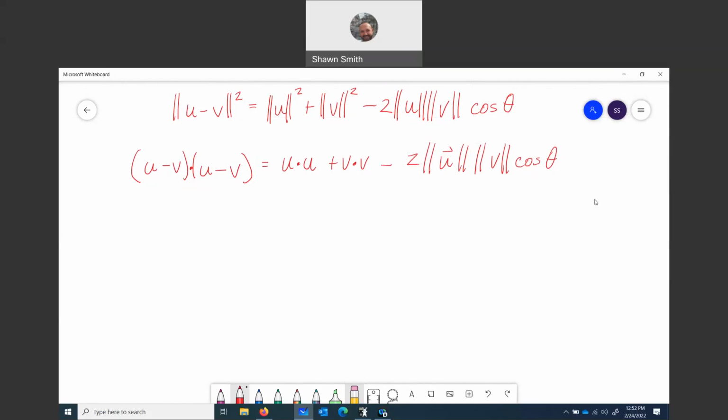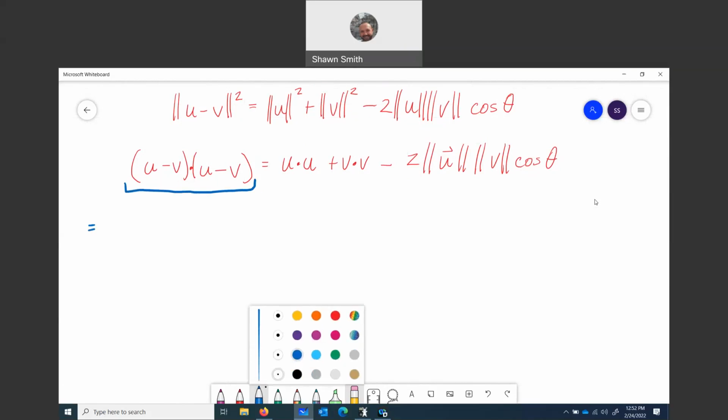Let's do a side note and see what this is. If I use the distributive property, that's basically how you FOIL things out, but I'm going to show one intermediate step.